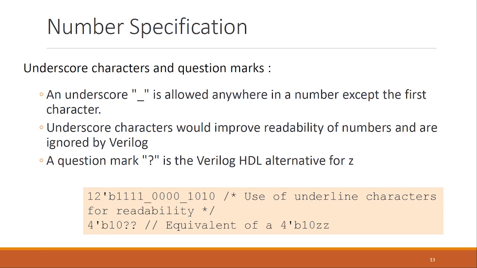Since it's a lengthy number, we include an underscore after every 4 digits to improve the readability. And then the question mark is equivalent to the Z sign. So a 4-bit binary number we are trying to represent, with 10 and question marks, is equal to 4 apostrophe B 10ZZ.